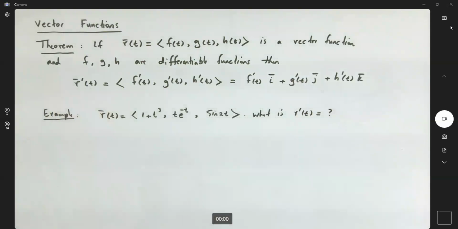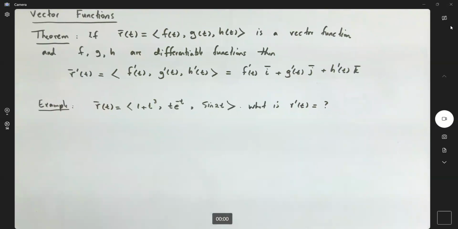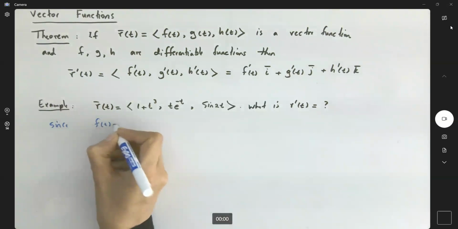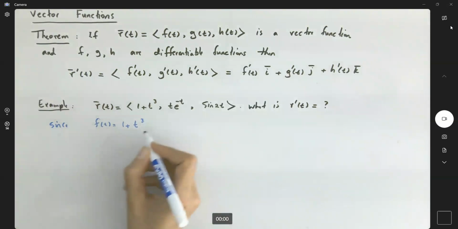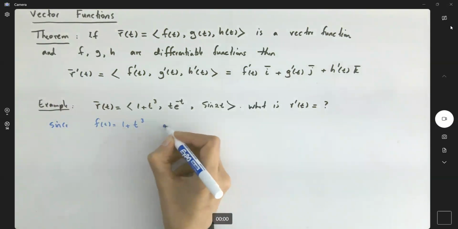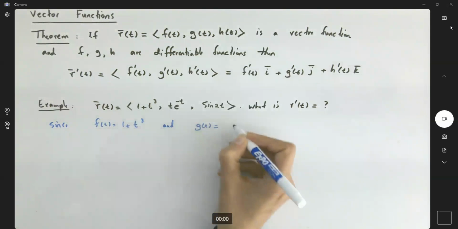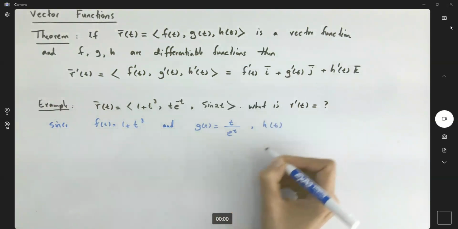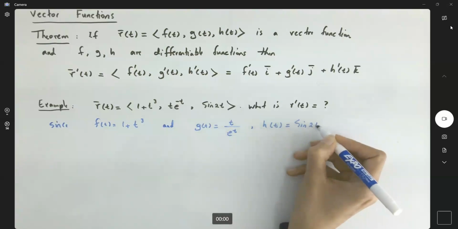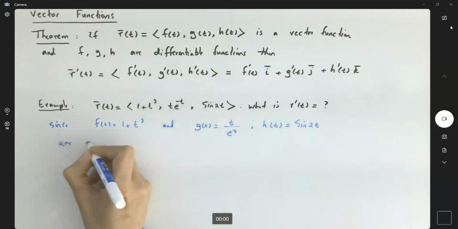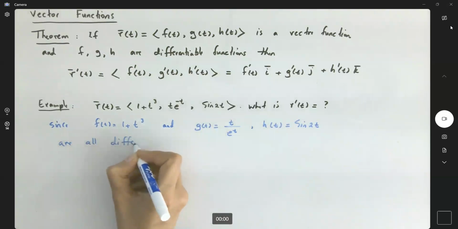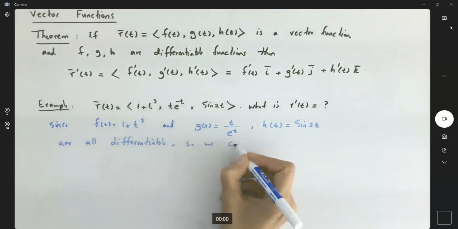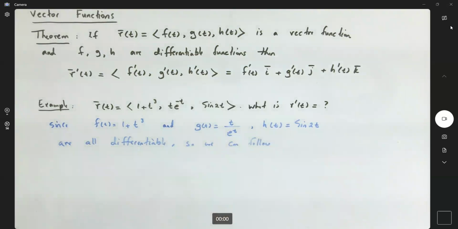Based on the theorem that we just discussed, since f of t, which is 1 plus t cubed, is a very nice function, and g of t, which is t over e to the power t, and h of t, which is the trig function sine 2t, are all differentiable, we can follow the theorem.